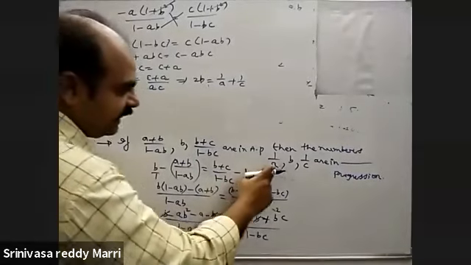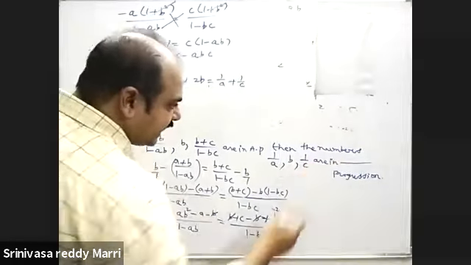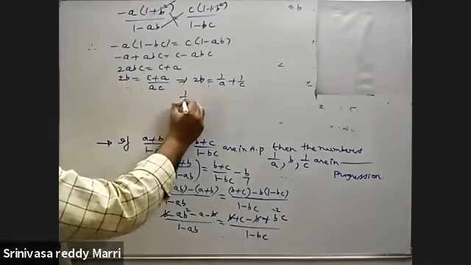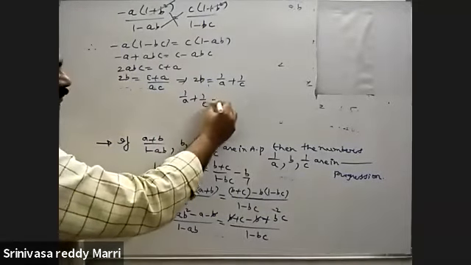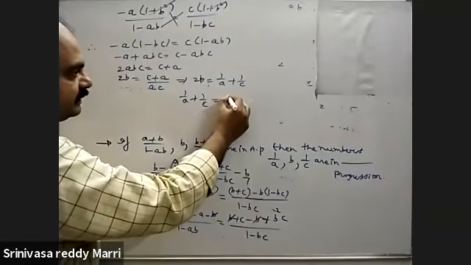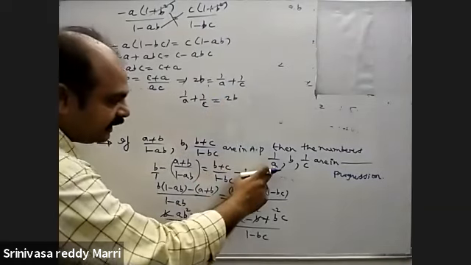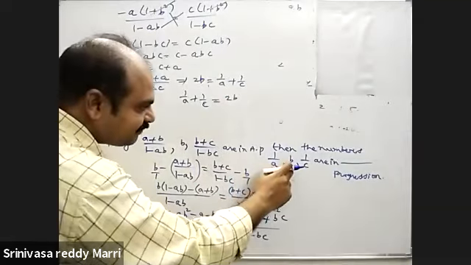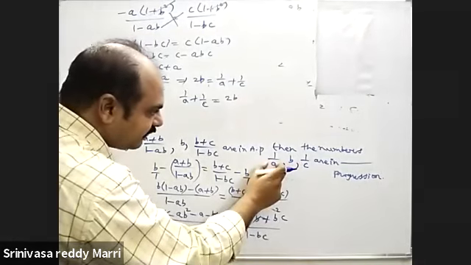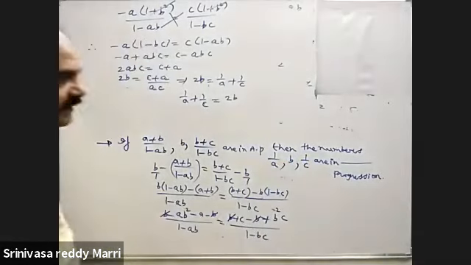Look at, 1 by a, b, 1 by c are in dash progression. Now you got like this: 1 by a plus 1 by c equal to 2b. Here, if this is x, this is y, this is z, first plus last equal to 2 into middle.